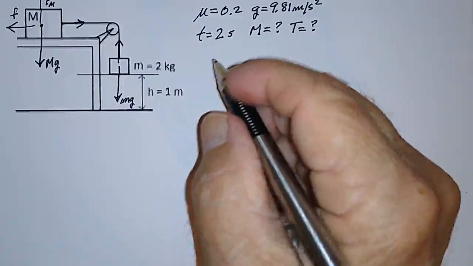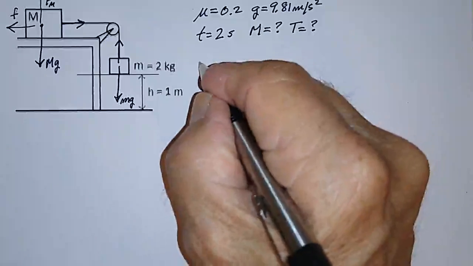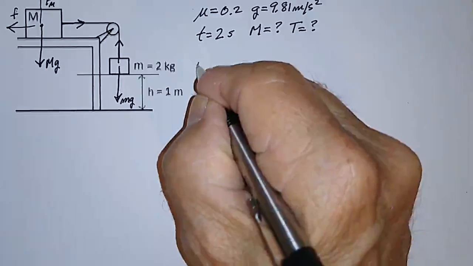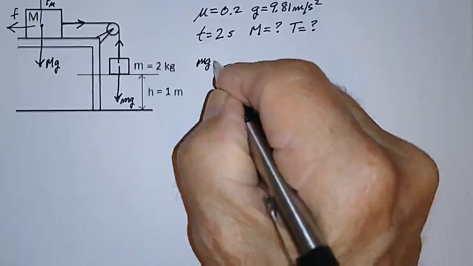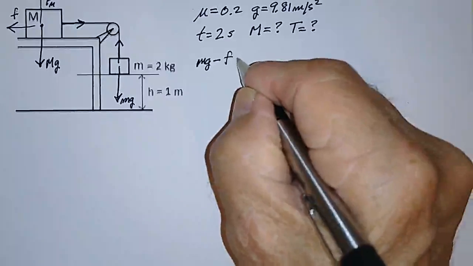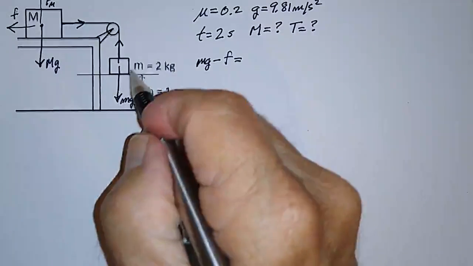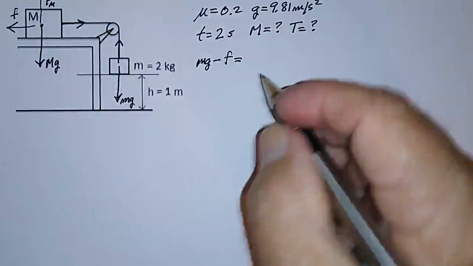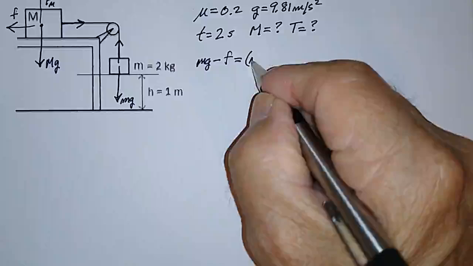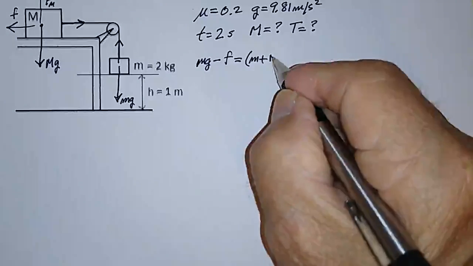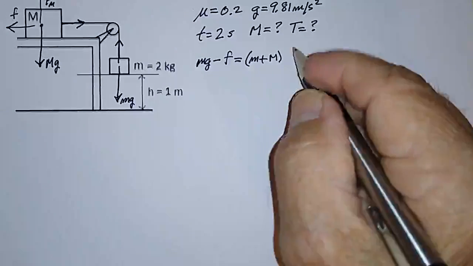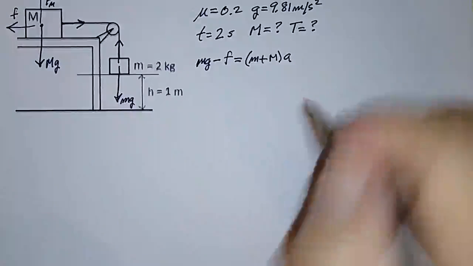So we can write Newton's second law as the net force, F net, which is little mg minus the frictional force, and that's equal to ma, but m includes the little mass and the big mass, so I'll have to add those up. Little m plus big M times a.